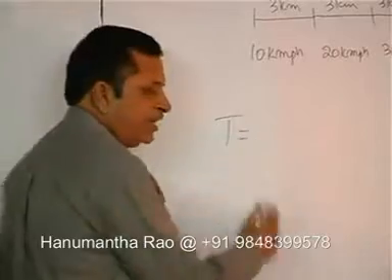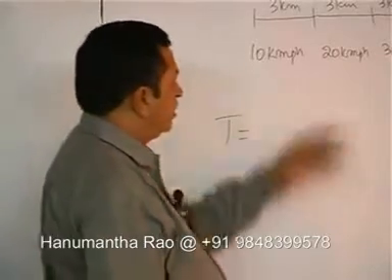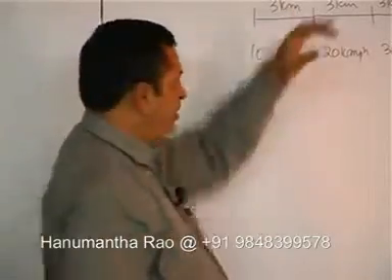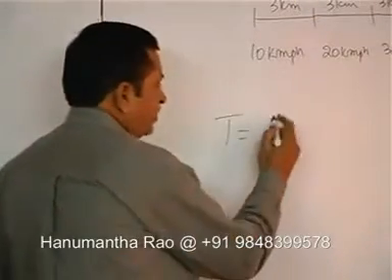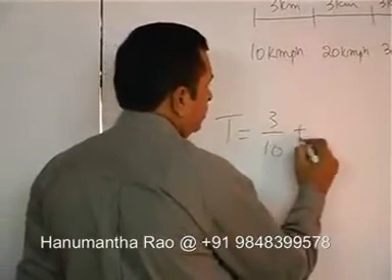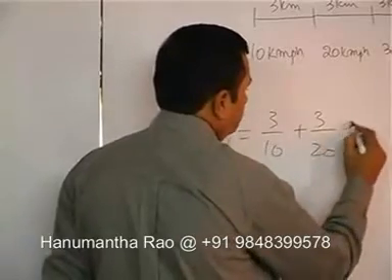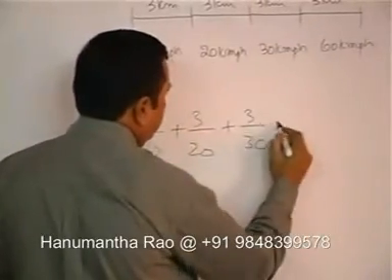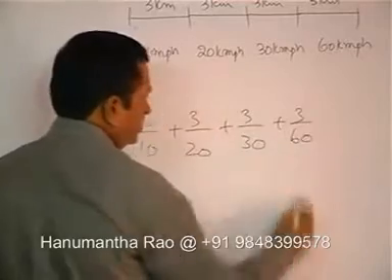What is the time formula? Distance by speed. So this distance, the time is 3 by 10 hours. Next 3 by 20 hours, 3 by 30 hours and 3 by 60 hours.